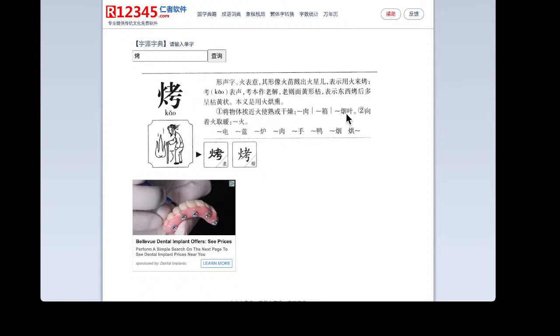This is because of the result of food cooked by 烤: usually the food gets dry and wrinkly, and dark. So it looks like getting old, and that's why they use this character to mean this kind of cooking method. So there's 烤.